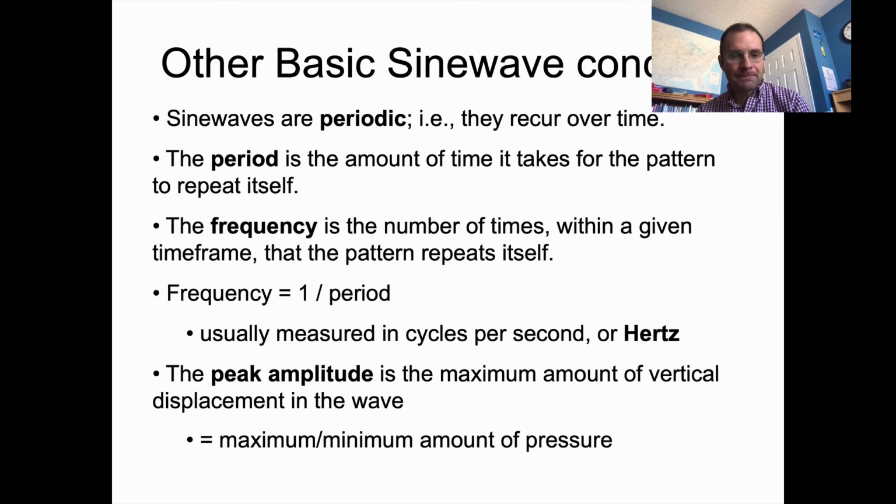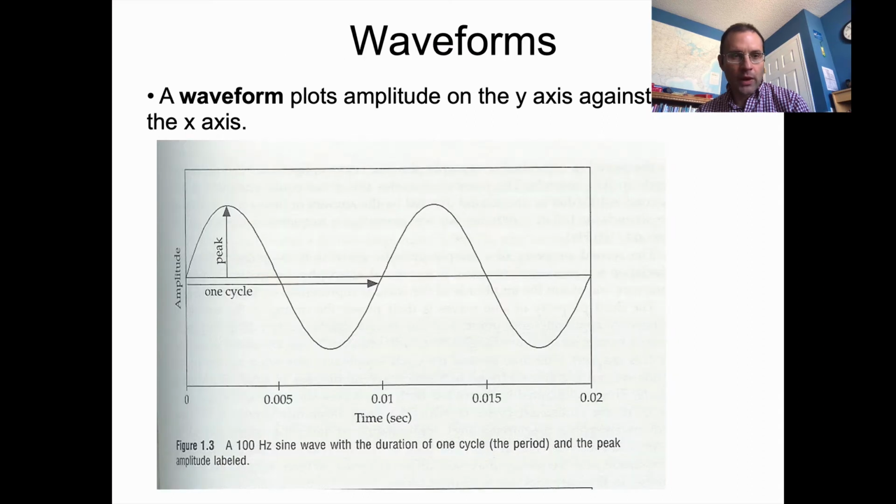Okay, a waveform, I'm just defining it here, but we're going to plot amplitude on the y-axis against time on the x-axis. And this is just another example of what this looks like with a real sine wave that starts at 0 here. And this shows you as well that this is our peak amplitude going from 0 to the top. And then I've got one cycle going from 0 here to time 0.01 here, but it starts at the exact same spot, right?